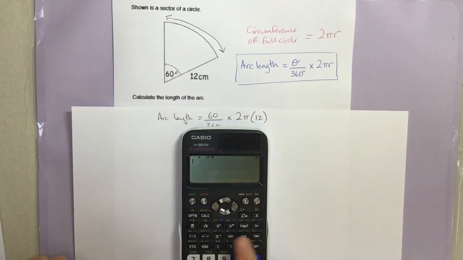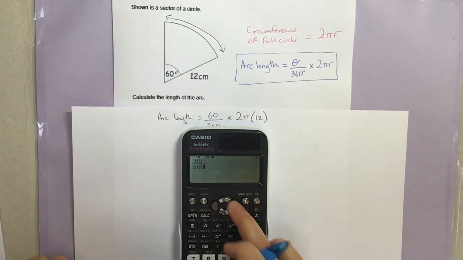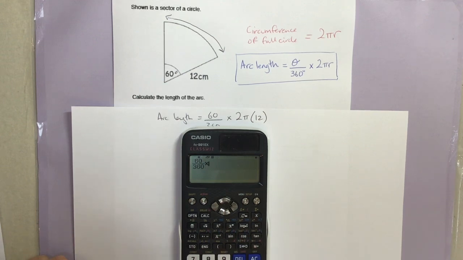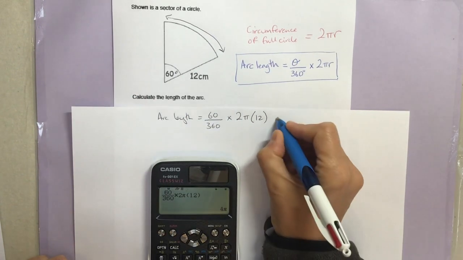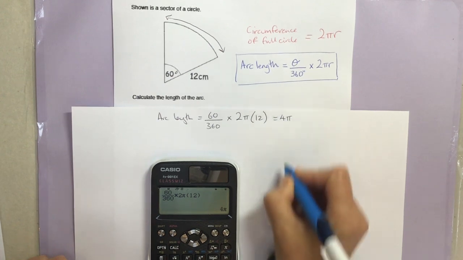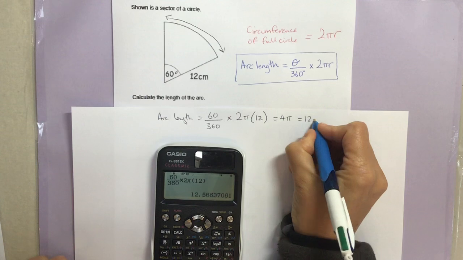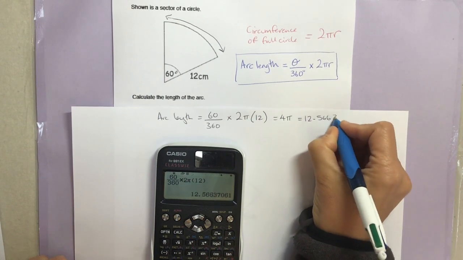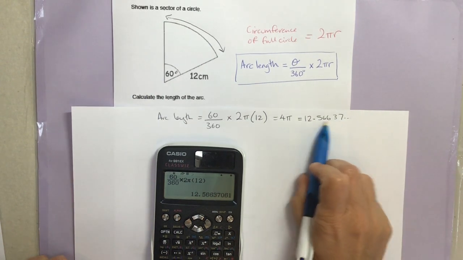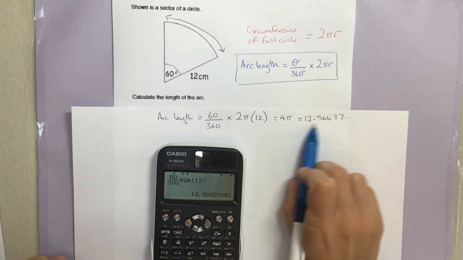So if we do that on our calculators, so 60 over 360 times 2 times pi times 12. So it's given us the answer in terms of pi, and in some questions they might want you to leave it like that, so that's 4 pi. I'm going to change this, so that's going to give me 12.56637.